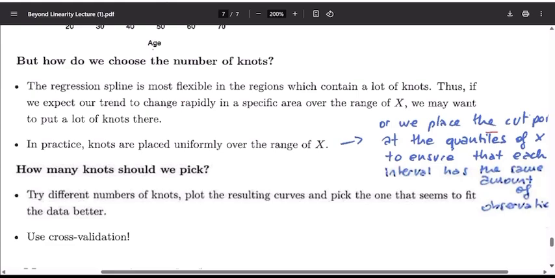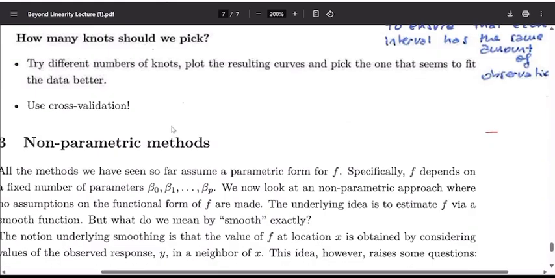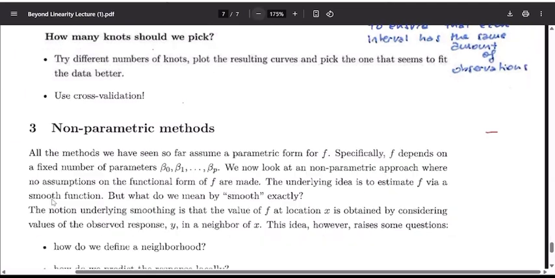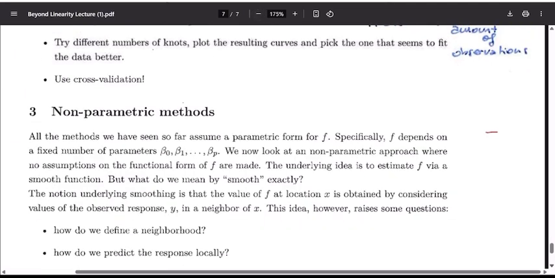Now, is there any question? I'm done with the parametric procedures that I've discussed. I discussed polynomial regression, the idea of a step function, piecewise polynomials, and splines.